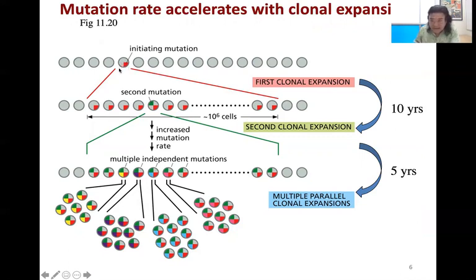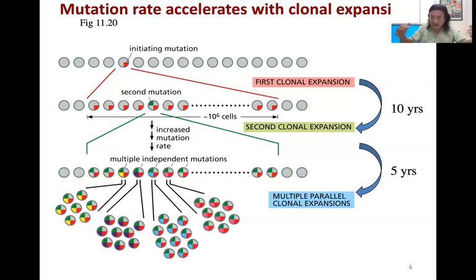So that hit most likely is a hit that somehow encourages proliferation, so maybe a hit in some sort of proto-oncogene pathway. As it begins to divide, it divides a bit faster than its neighboring cells, because now it has a growth advantage in the sense that one of these proto-oncogene pathways has been disrupted.